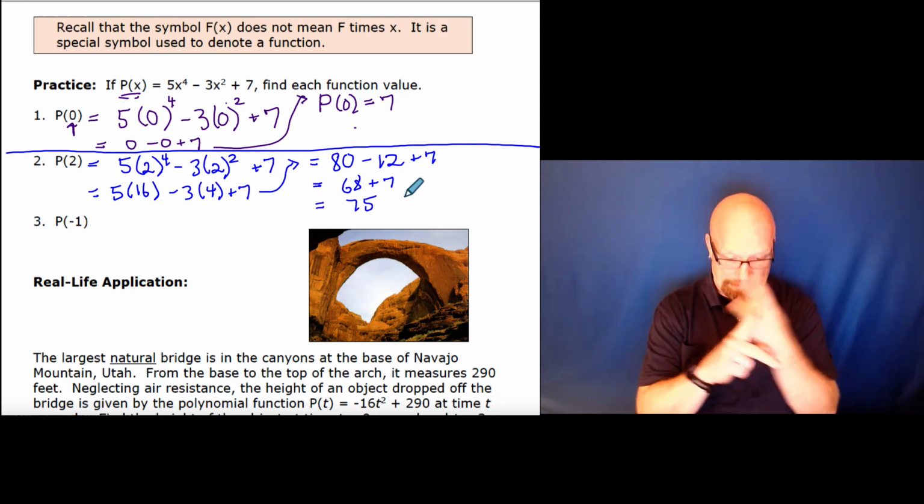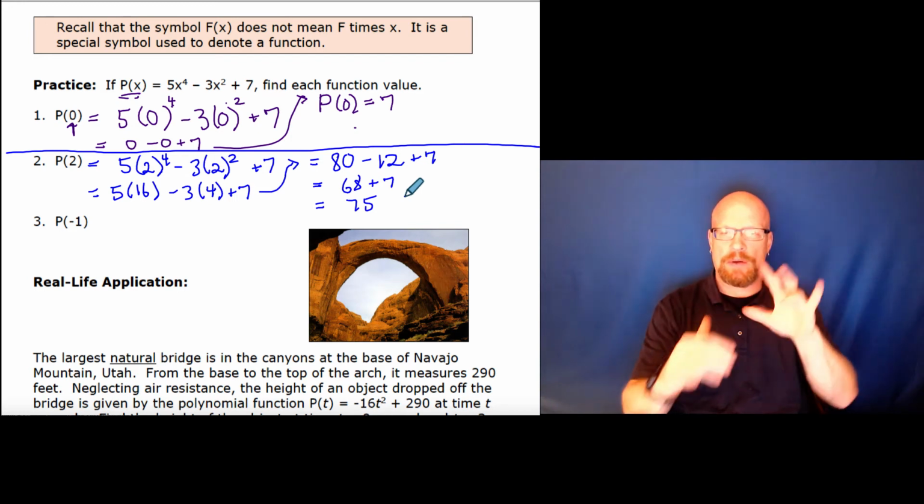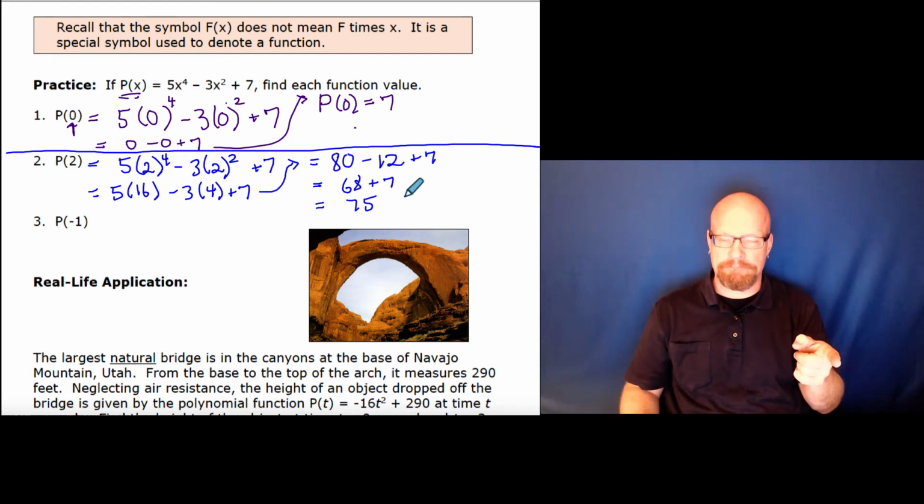Now, if my arithmetic is correct, p of 2 equals 75. All right.